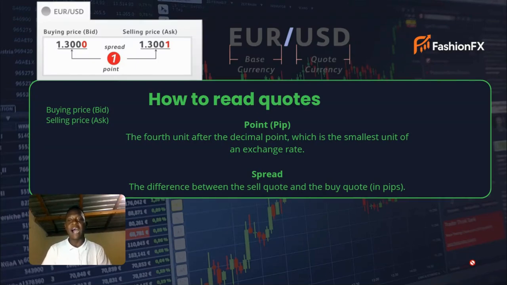Section 3. How to read codes. In Forex, prices are shown as codes. A code has two prices: the bid price, which is the buying price, and the ask price, which is the selling price. Each price movement is measured in pips.